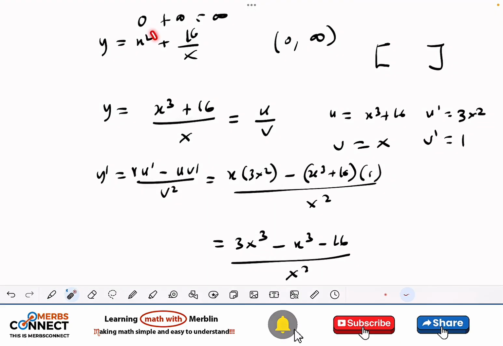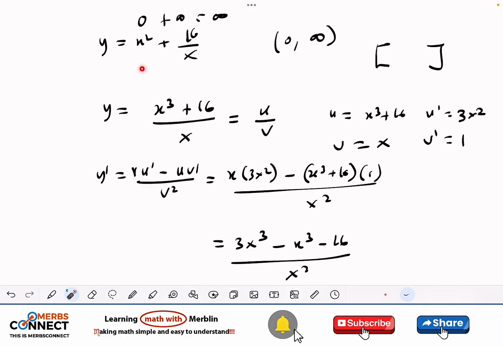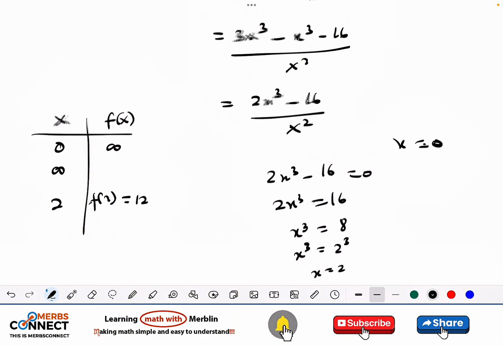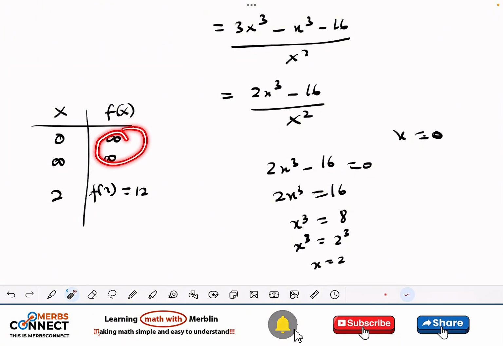Then when I plug in infinity here, this is also going to give us infinity, because 16 divided by infinity will be 0, and this one too is giving us infinity. So this is infinity, and this one is 12. So actually we don't know whether 2 and 12 here is a maximum or minimum.